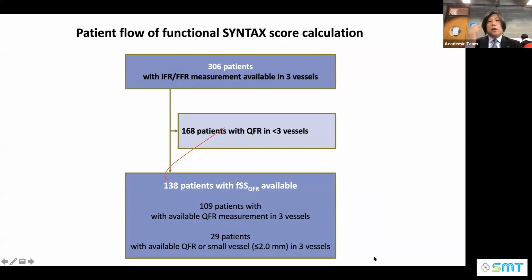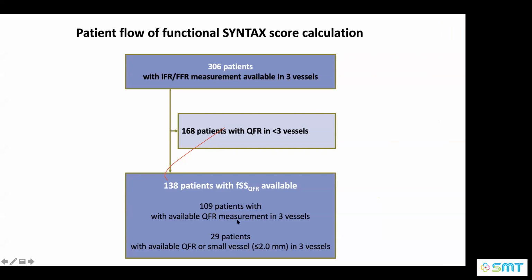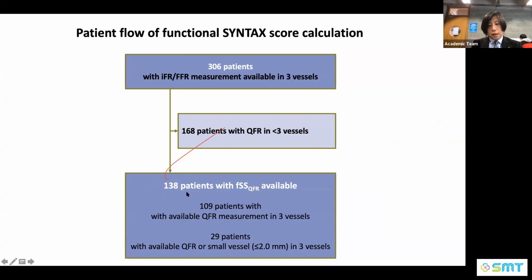As I mentioned, in the Syntax 2 trial we tried to do QFR in all vessels, but without any instruction on the acquisition, we could only analyze all regions in 138 patients out of 306. In the majority of patients, 168, we could do the QFR in some of the regions but not all.